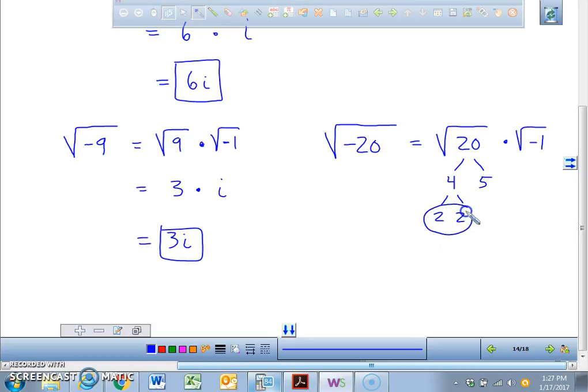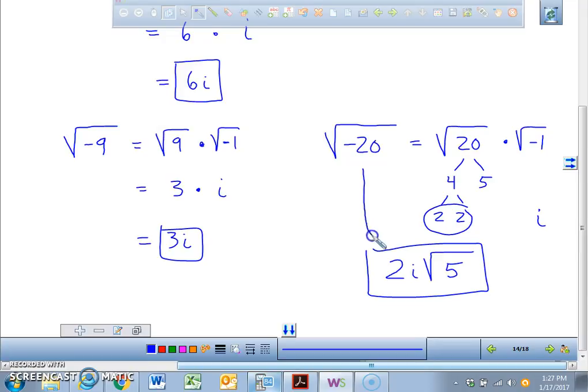So right here, what comes out of the radical 20? 2. What does this right here become by itself? That's I. And what do we still have left inside the radical? 5. So, by the way, everybody, the square root of -20 becomes 2I radical 5. By the way, it's called simplifying, right? That's simplifying.